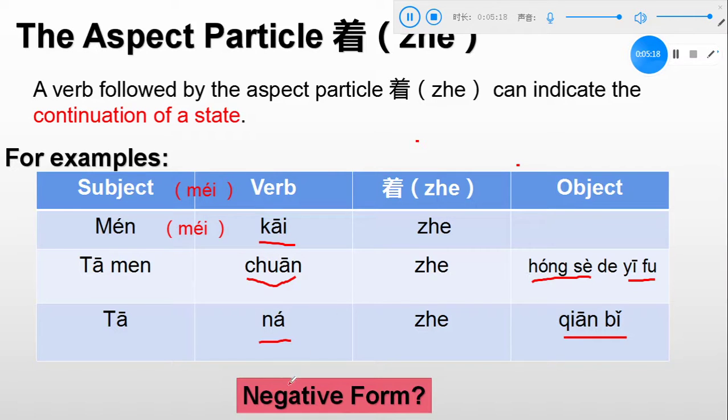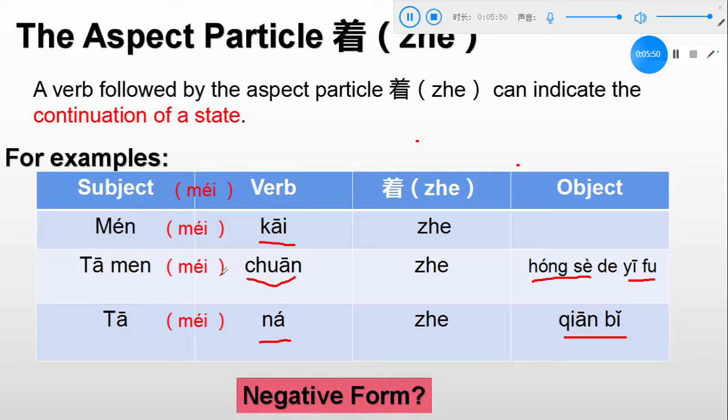And now negative form. 他们没穿着红色的衣服。They don't wear red clothes. Okay. The last one. 他拿着铅笔, he holds pencil. Negative form. 他没拿着铅笔, he doesn't hold the pencil. Okay. This is the negative form.